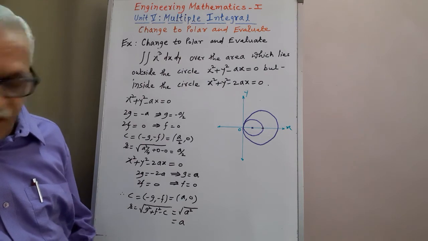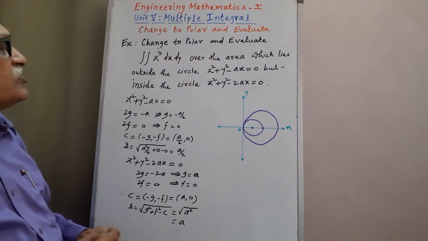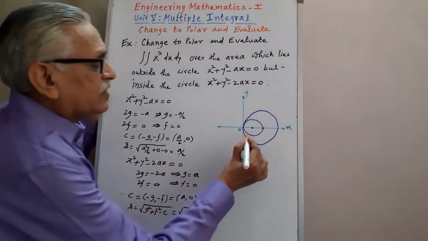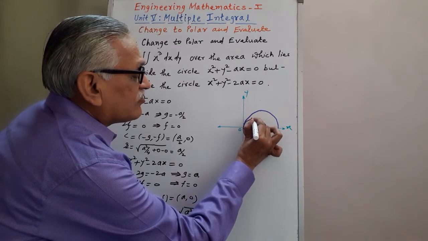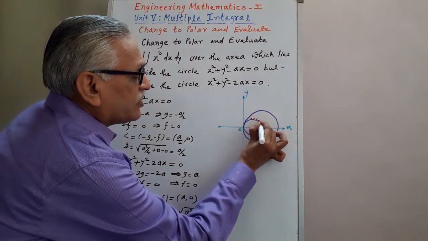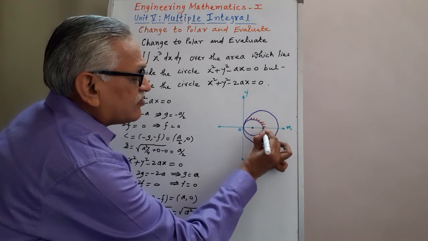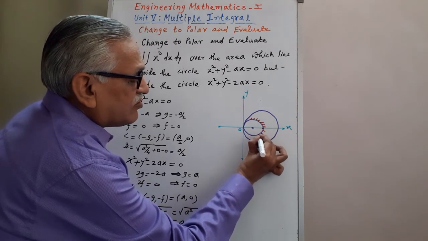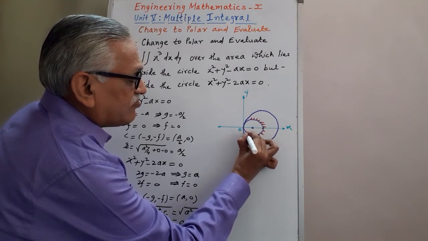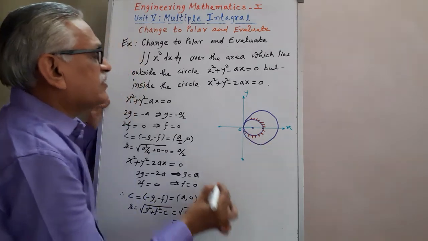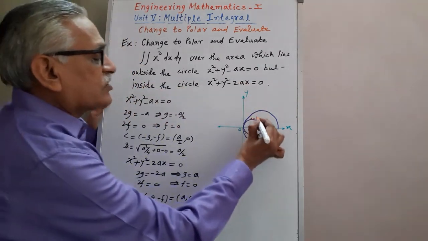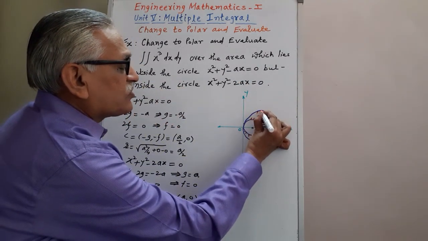Then the region of integration is outside the inner circle. Therefore we shade it outside that inner circle, but inside the outer circle, therefore the inside portion of that outer circle.